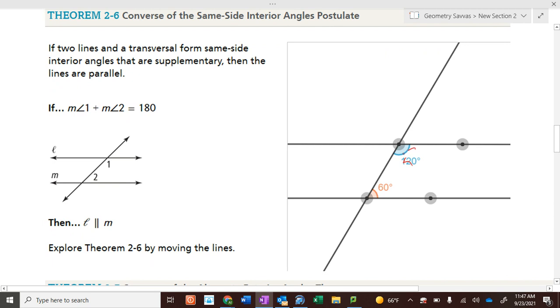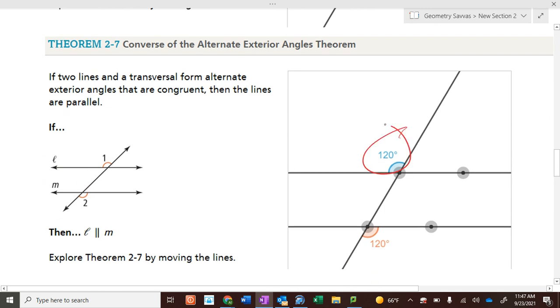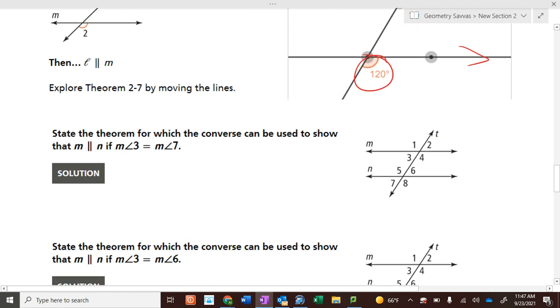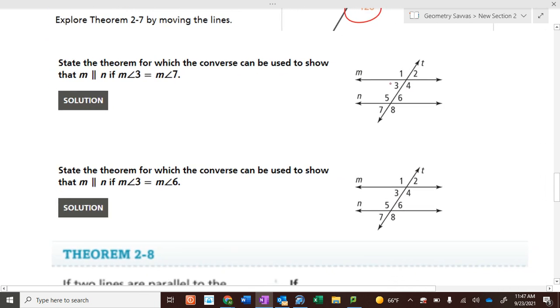So these are same side interior angles. If same side interior angles are supplementary, that makes these two lines parallel by the converse of same side interior angles. And if alternate exterior angles are congruent, that makes these two lines parallel by the converse of alternate exterior angles. All right, so why can we say that L and M are parallel?